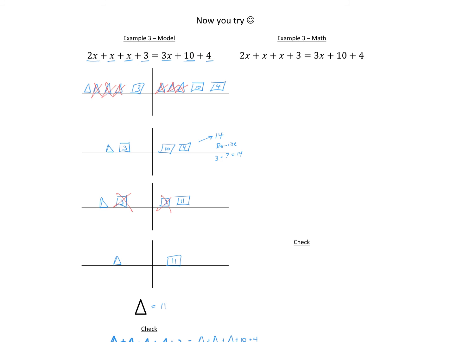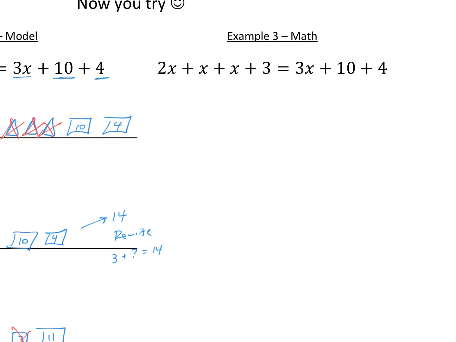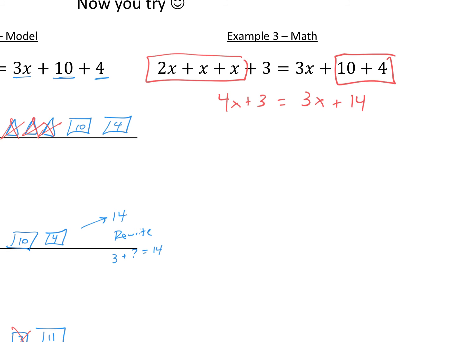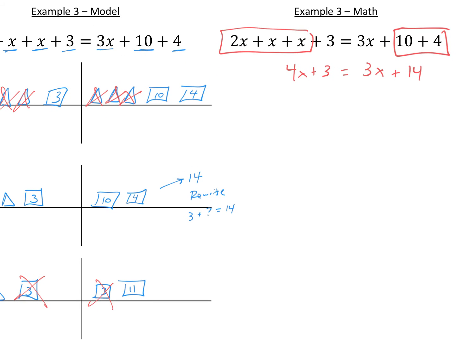All right, let's go ahead and take a look. So, based on what we did previously, I'm going to go ahead and regroup these as 4x. So now I have 4x plus 3 is equal to 3x. And I'm also going to regroup these as 14. And I know we didn't necessarily actually write a 14, but I did make note here that it's equal to 14.